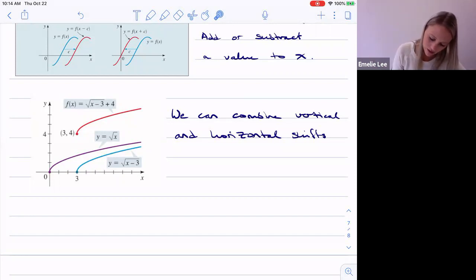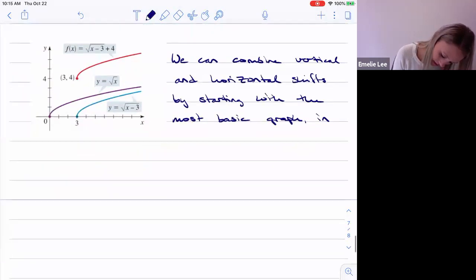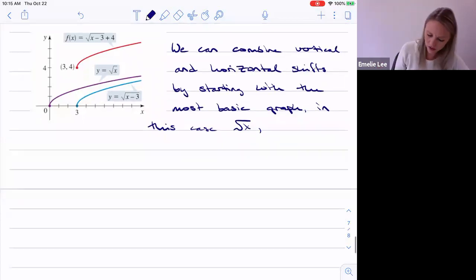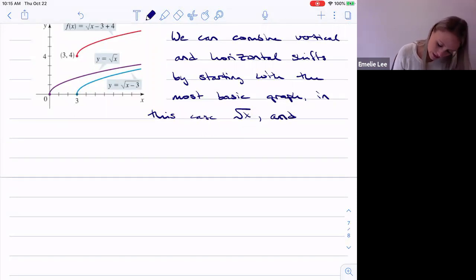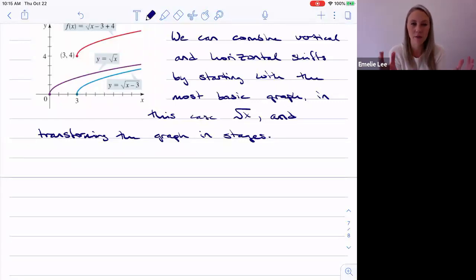So we can combine vertical and horizontal shifts by starting with the most basic graph, in this case the root of x, and then transforming it piecewise, kind of blooming out, transforming the graph in stages, starting from that basic graph and moving out.